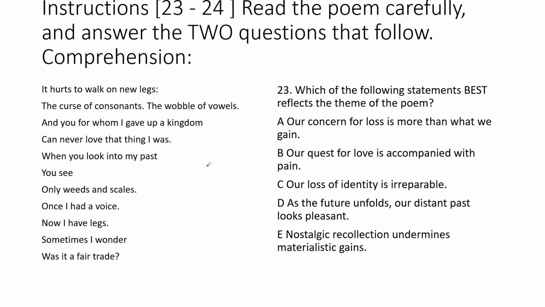The poet is mentioning some pain, and the sacrifices the person made for someone. Because when he says, when you look into my past, you see only weeds and scales. Once I had voice, now I have legs. A lot of changes have come into the poet's life, and he's talking about what problems he has gone through and whether it was a fair trade.